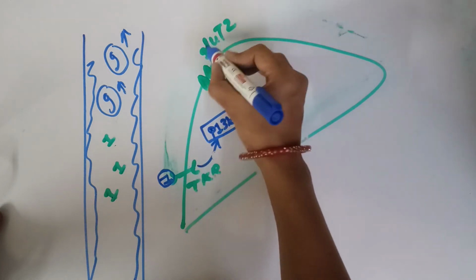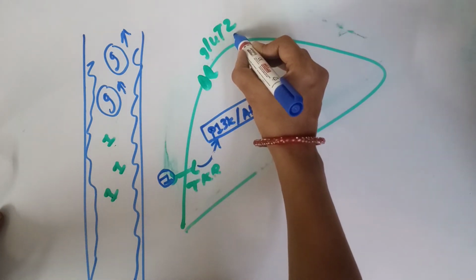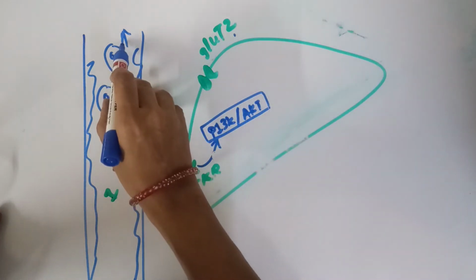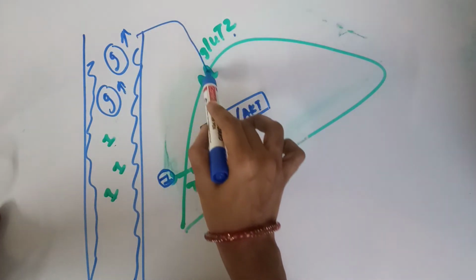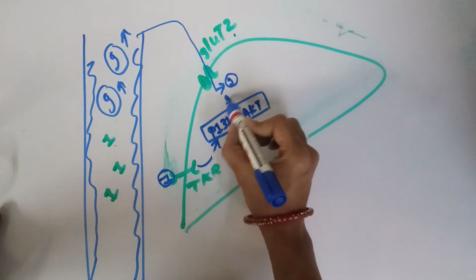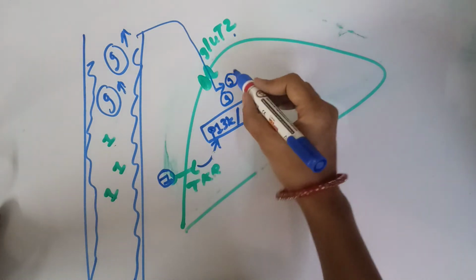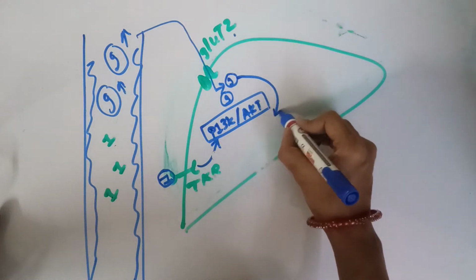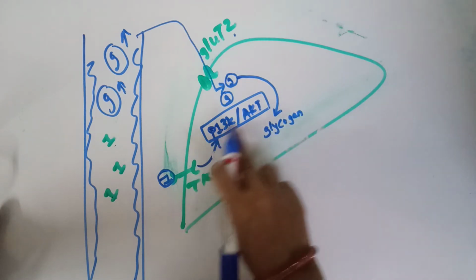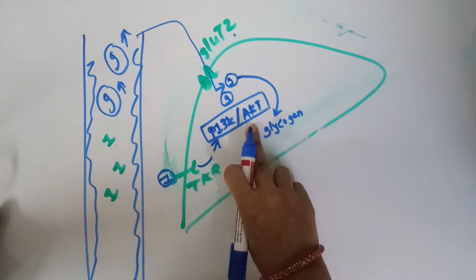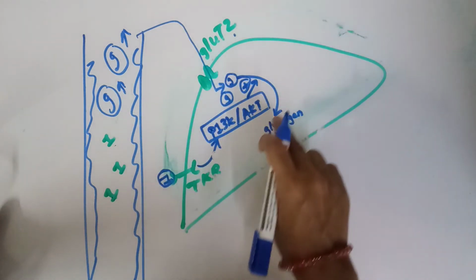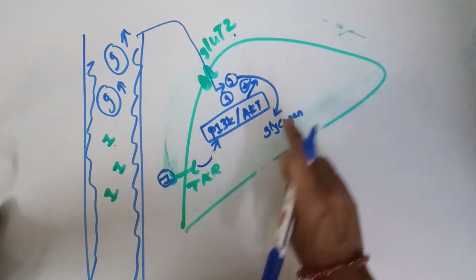See, as this GLUT2 transporter is concentration dependent, if there is high glucose, this glucose will directly travel to the liver. What happens? This glucose is directly converted to glycogen. How? This PI3K AKT enzyme enhances this process, glucose to glycogen.